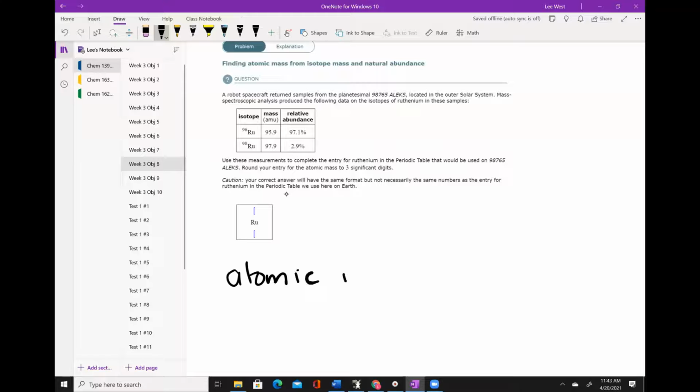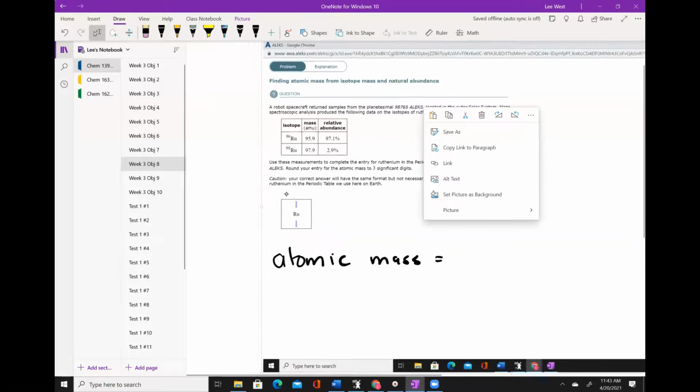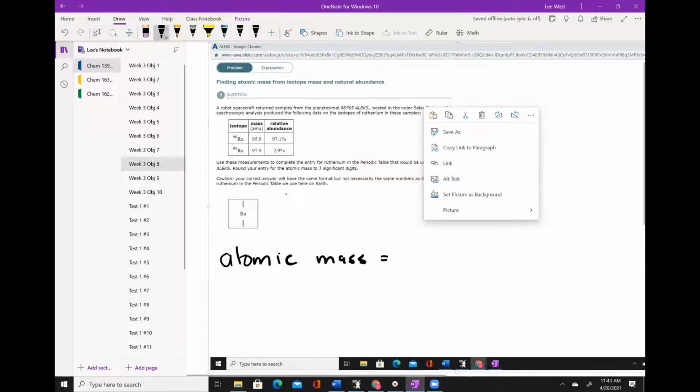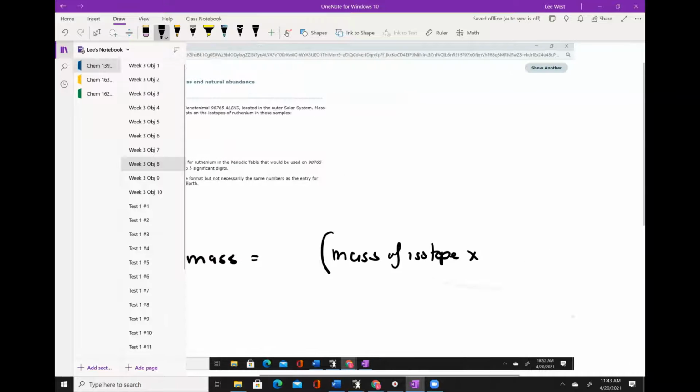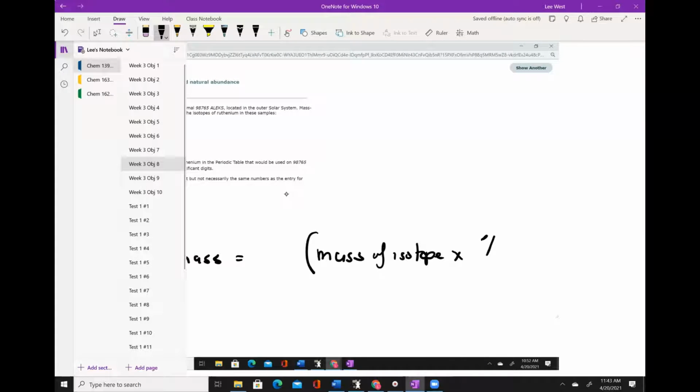Atomic mass is equal to, now what you have to do is add together, for every isotope, the mass of the isotope times its percent abundance, often called the natural abundance, divided by 100.